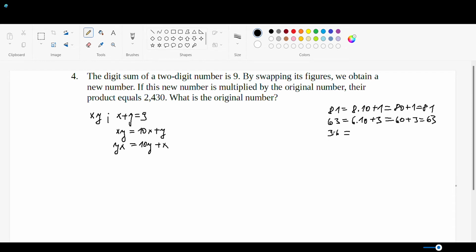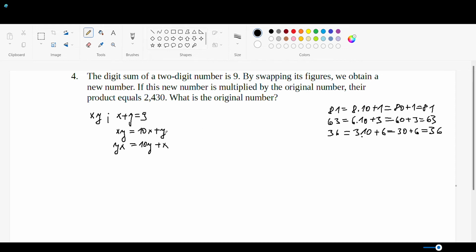What is y in this expression? It's number 3, so 3 times 10 plus what is x? X is 6 in this case, so it is 30 plus 6. So my number is 36. So this expression is really true. And as you can see, I swapped the digits here and everything works just fine for me. And the sum of the digits is really number 9.